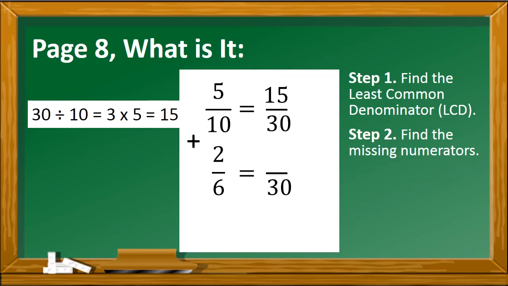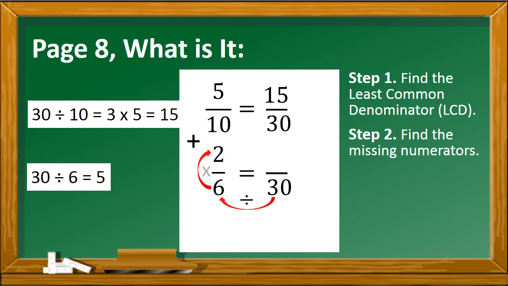For 2/6, we divide the denominators. 30 divided by 6 equals 5, times the numerator 2 equals 10. So 2/6 is equal to 10 30ths.